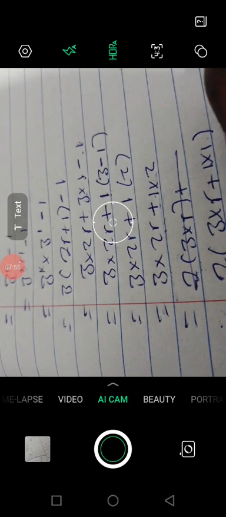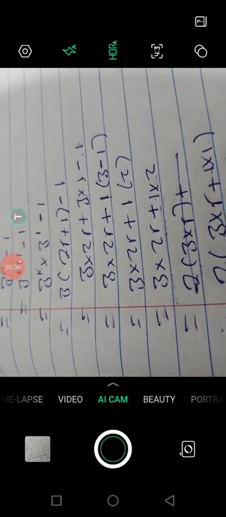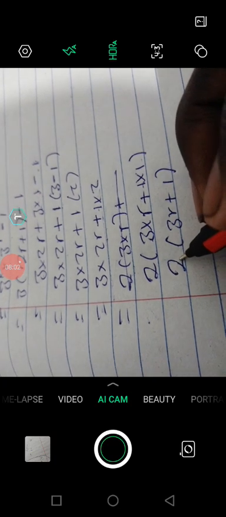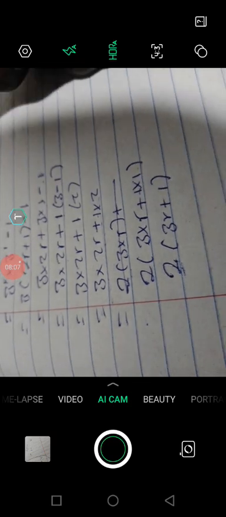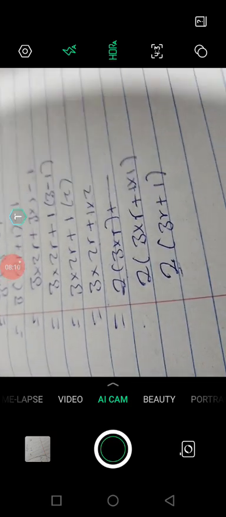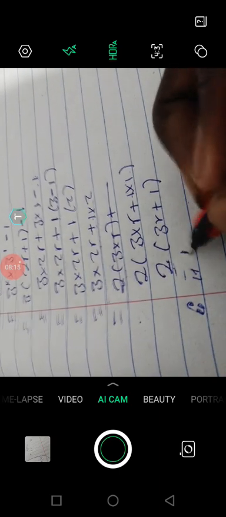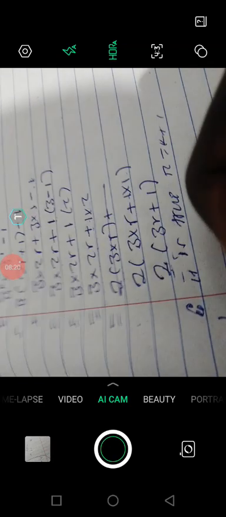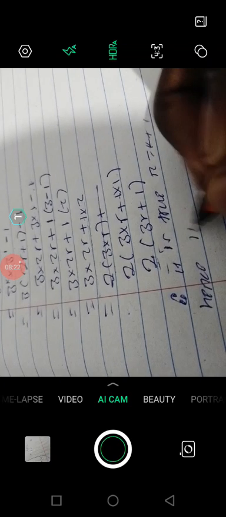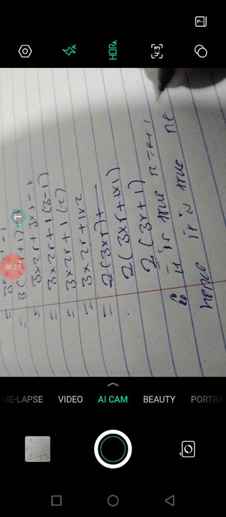Then I say 3 times r, that is 3r, plus 1 times 1, that is 1, of which 2 is divisible. 2 is divisible, so here we have the number that you have been given to say it is divisible by, which is 2. So here you can conclude: therefore it is true for n is equal to k plus 1, hence it is true, concluding with 1 mark, for n a member of the natural numbers.